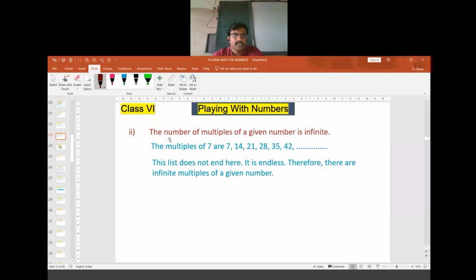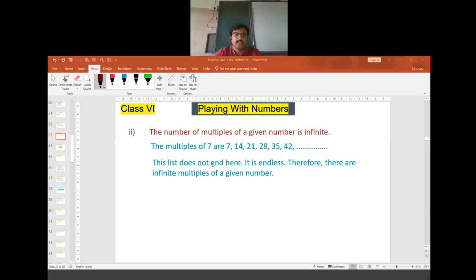The next property is that the number of multiples of a given number is infinite. When we count the multiples of a given number, it is always infinite. Here, when we continue this, 7 table, 7 twos are 14, 7 threes are 21, 7 fours are 28, 7 fives are 35, 7 sixes are 42, 7 sevens are 49, and it continues, and there is no limit.